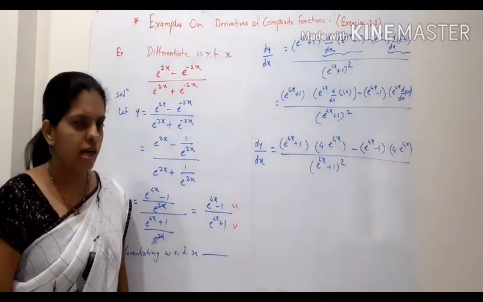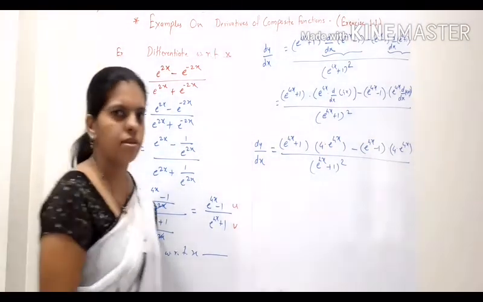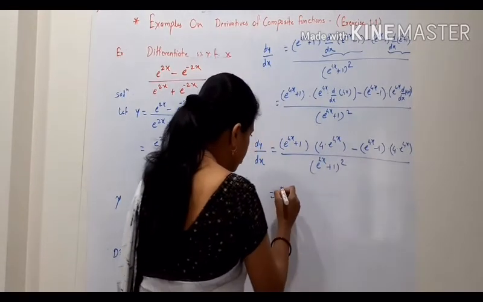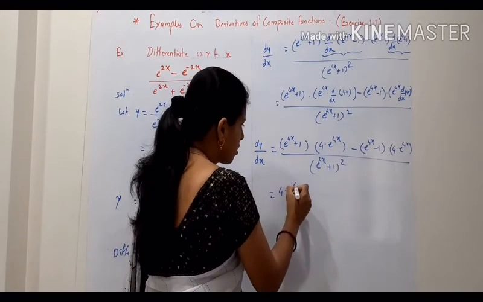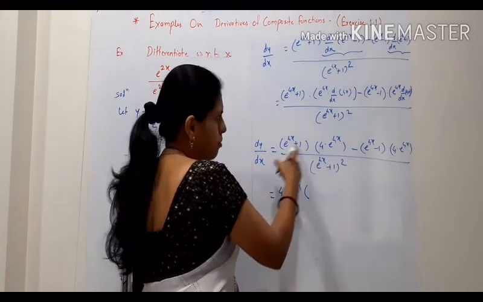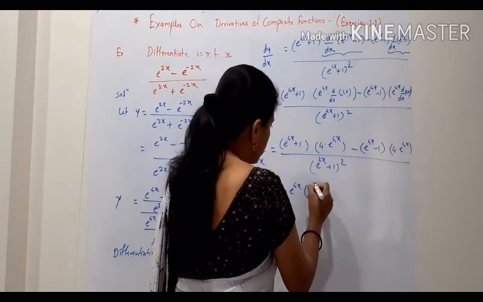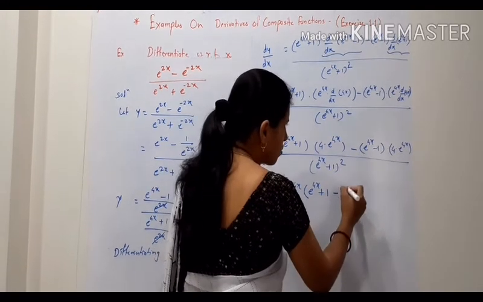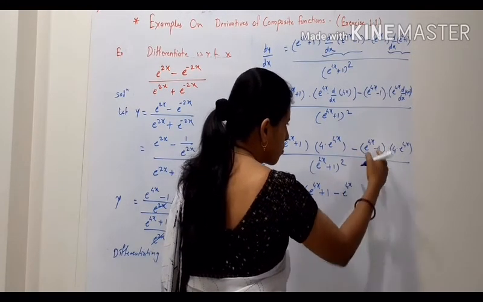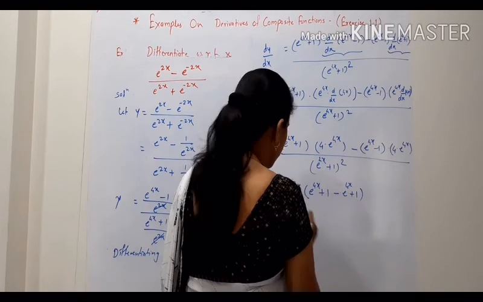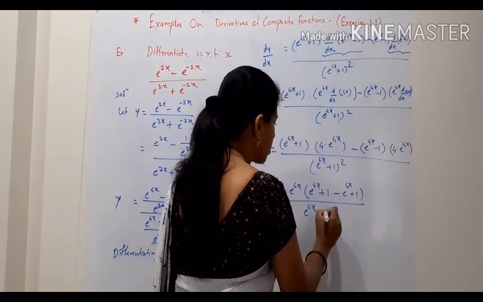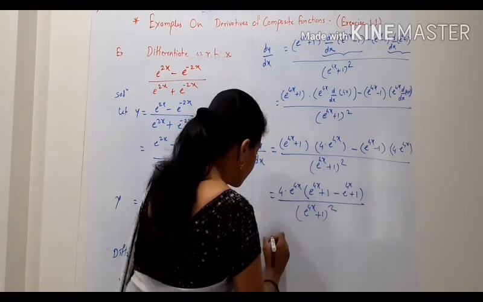So now this is the answer, but we can simplify this. The 4 into e raised to 4x can be taken outside. So 4 into e raised to 4x into, within the bracket, these two terms: e raised to 4x plus 1, minus of this is minus e raised to 4x, minus minus plus 1, divided by the denominator as it is, e raised to 4x plus 1 bracket square.